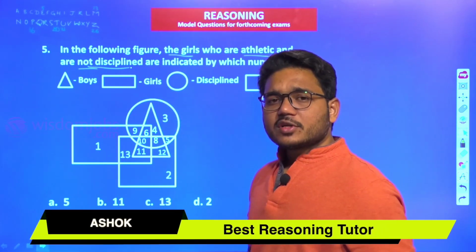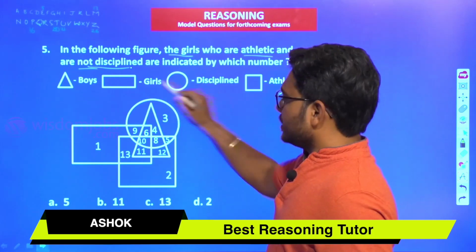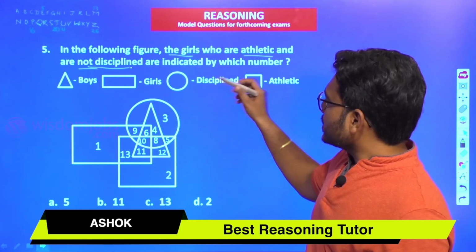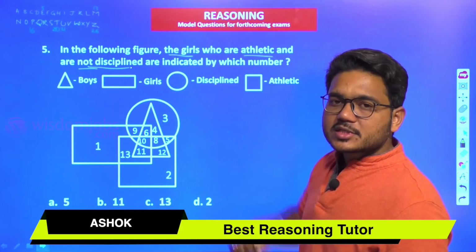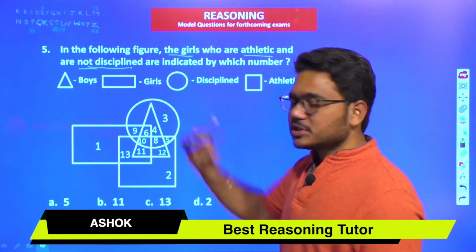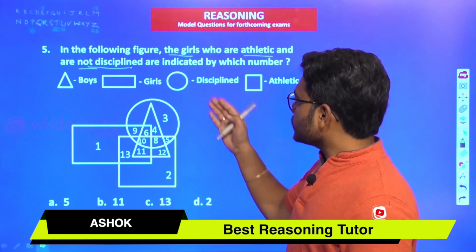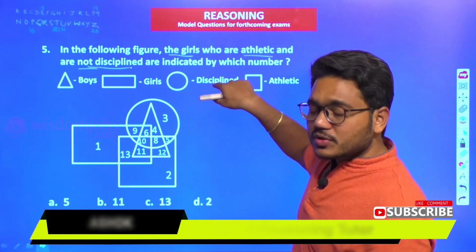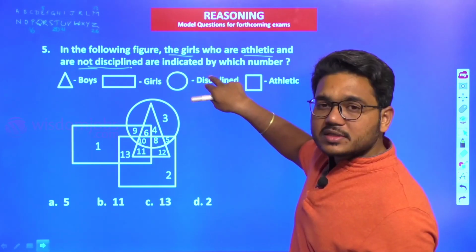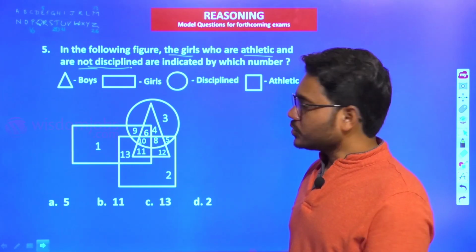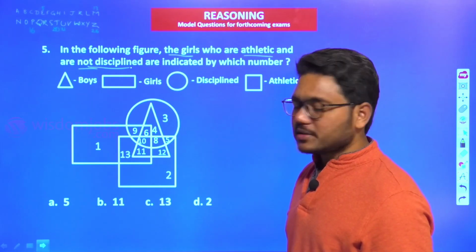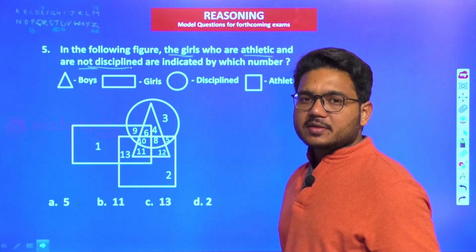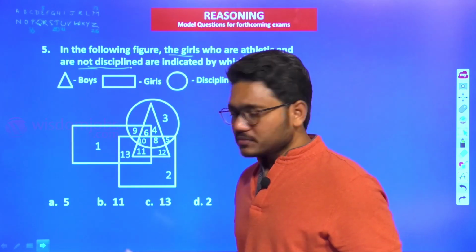You need to identify the common area between this rectangle and square. Since they are not disciplined, we should not include this circle area in the answer. Only the common area between this rectangle and square will be our answer. Let us check if it is so.